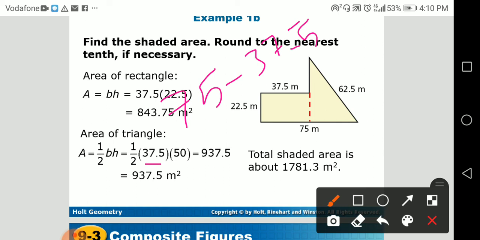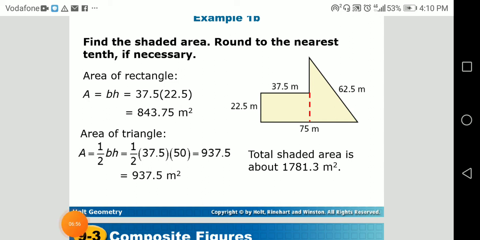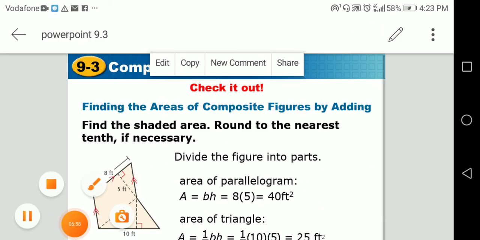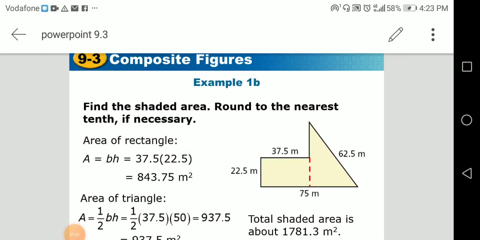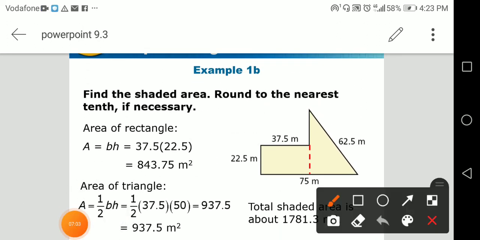Okay, guys, so now how can I solve this? How can I find the height here?